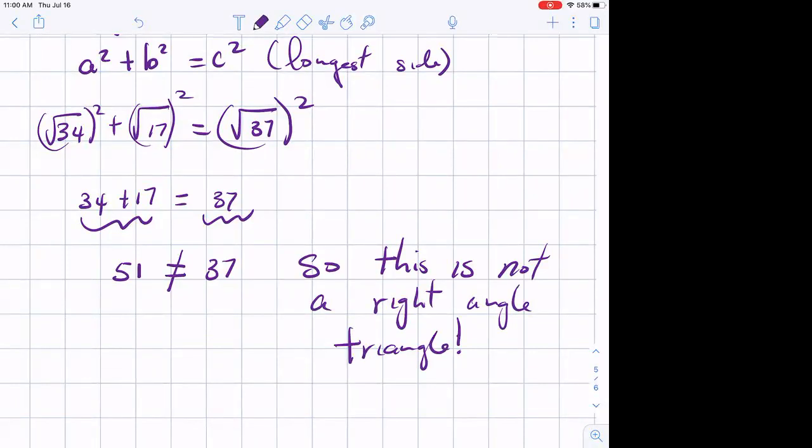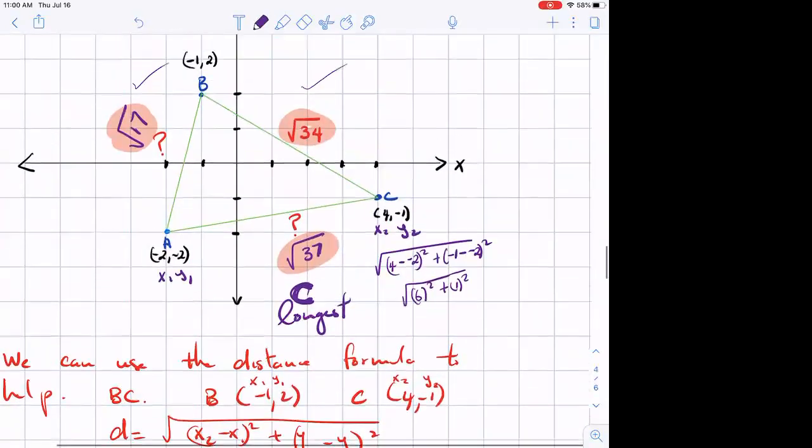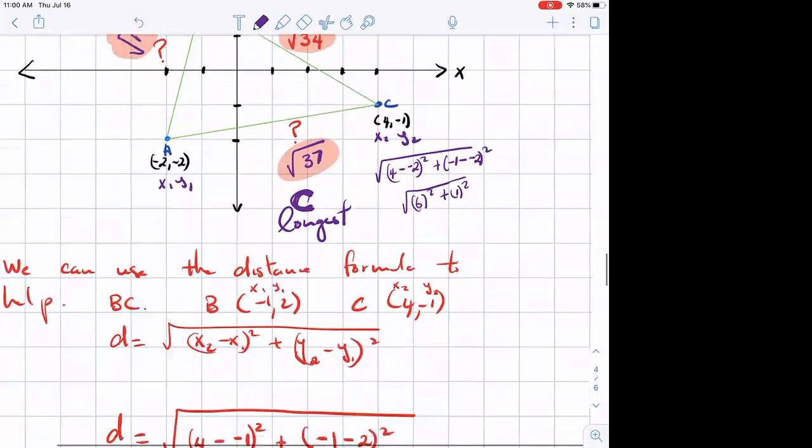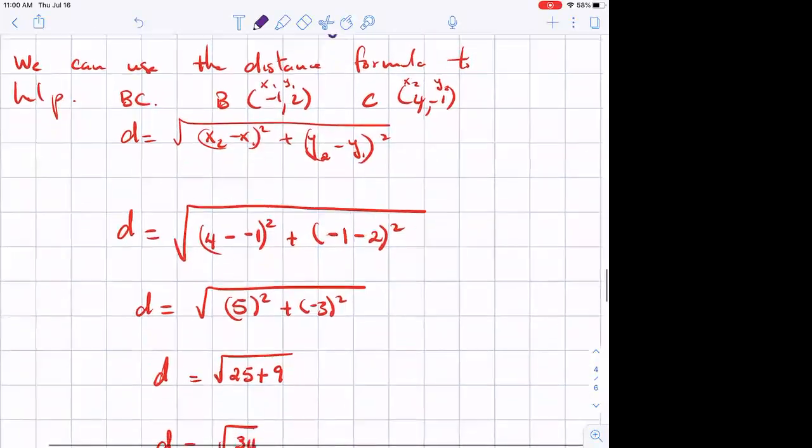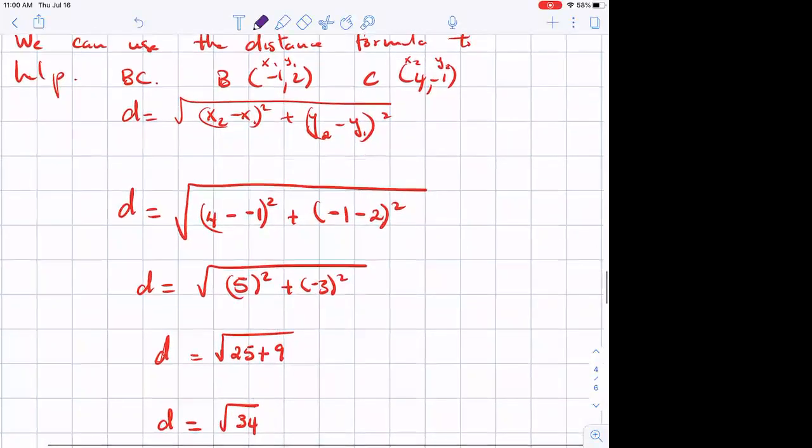You couldn't justify it by looks, guys. You cannot tell by looking at it because sometimes things are not drawn to scale. So you cannot tell by looks. Any questions? Questions?